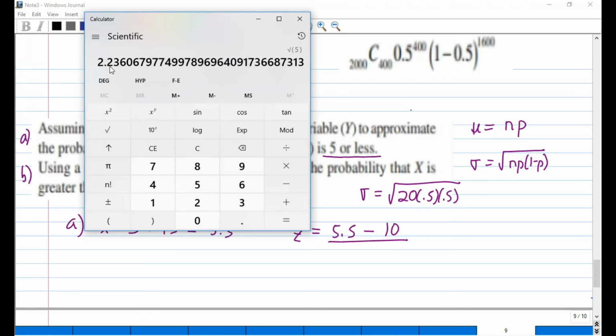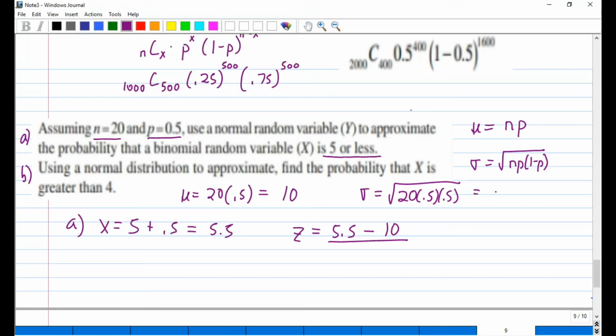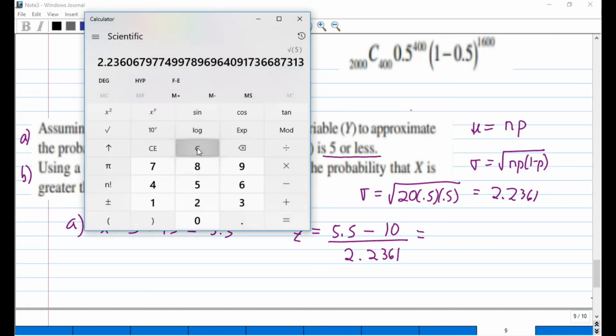So 2.2361 is what I'm going to use. All right, so in my formula, I have x minus mu divided by sigma. Now remember, our z-scores have to be between around negative 3.5 and 3.5. If I work this out and I get 12 as the answer, I messed up.